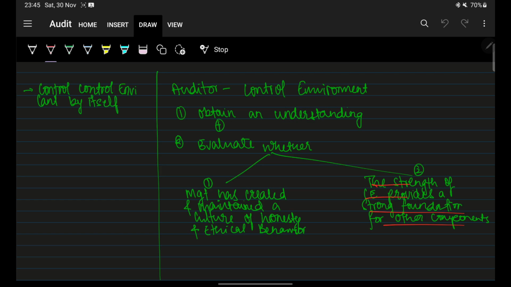It can't prevent, detect, or correct by itself, okay. But it can help other components in prevention, detection, and correction of misstatements.